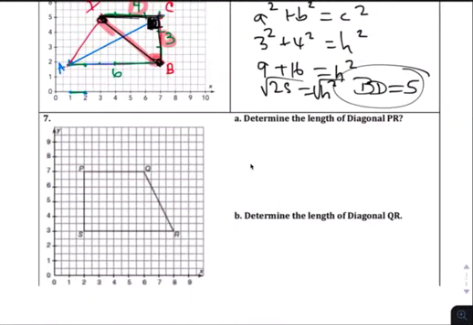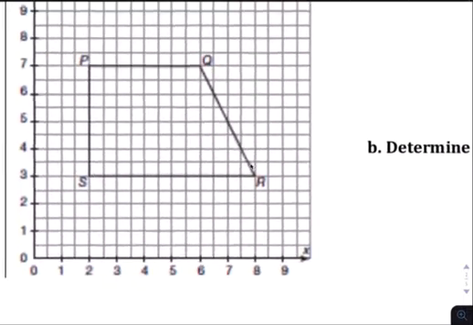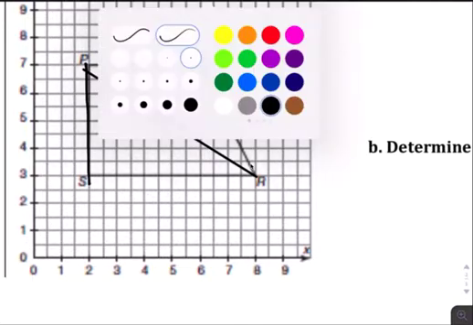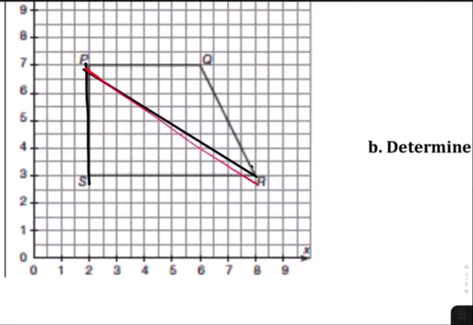Okay, so we did PR, P to R right here. You need to count. I'll use another color. Remember, each 2 represents 1, 1, 2, 3, 4, 5, 6. 1, 2, 3, 4.